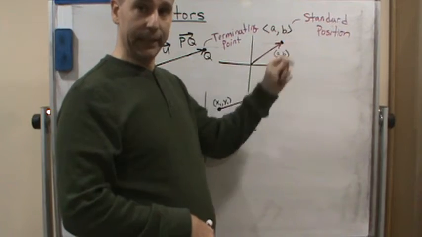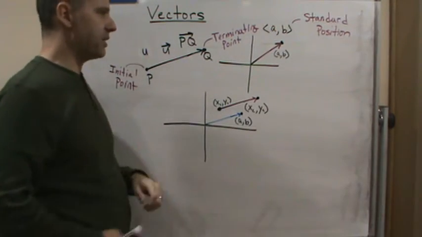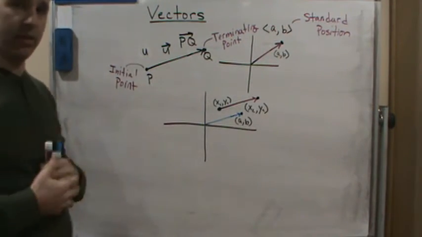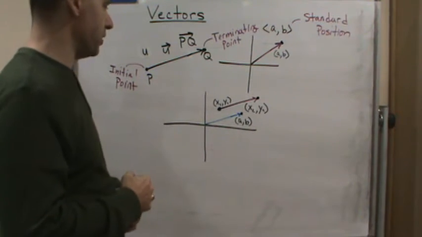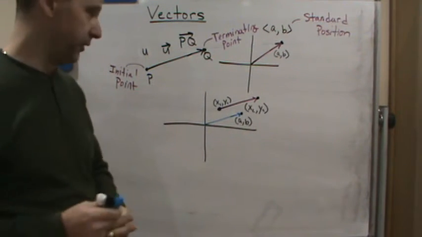So A comma B. Okay? And so that is a special type of notation that is used for the standard position, or the position vector.